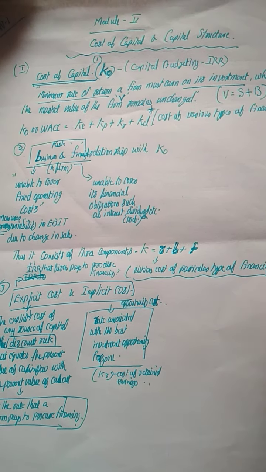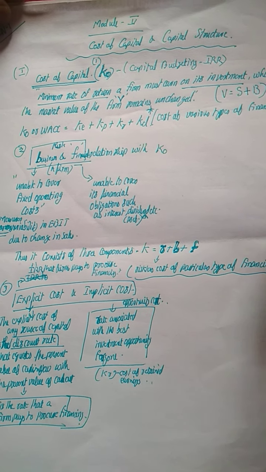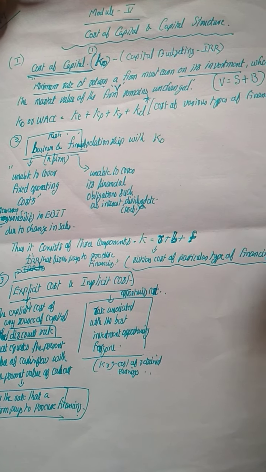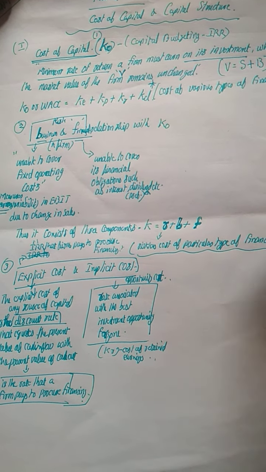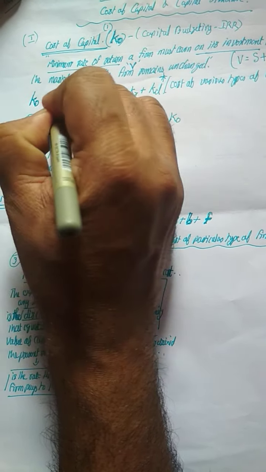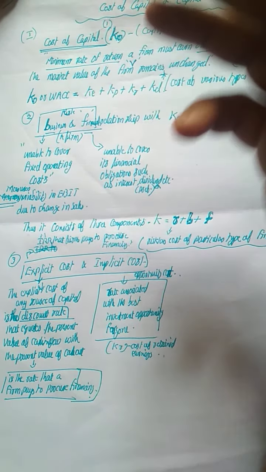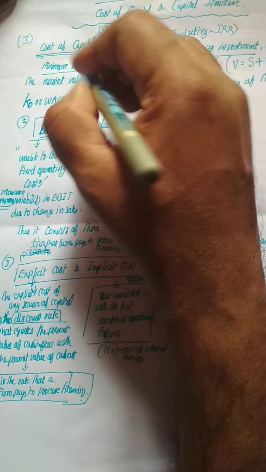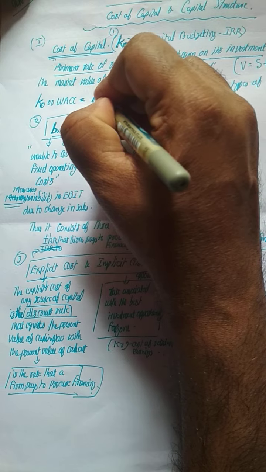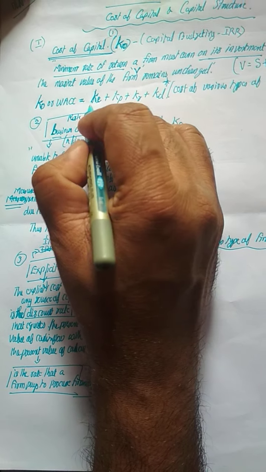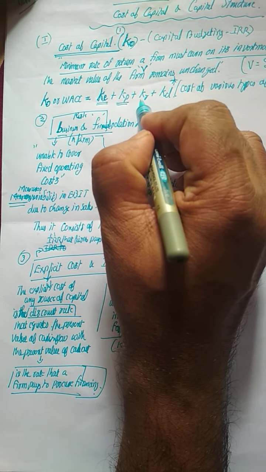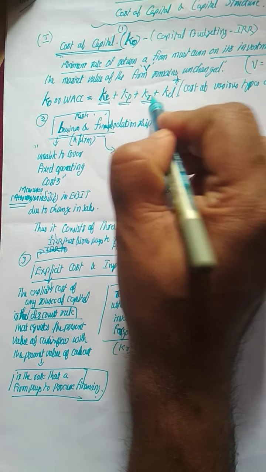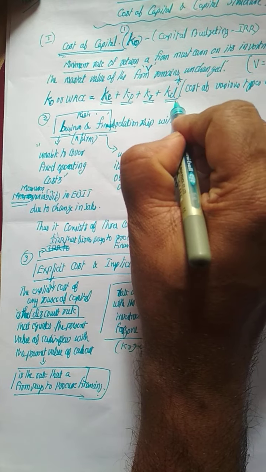It is the minimum rate of return a company must get on its investment where the market value of shares remains unchanged. As far as a company is concerned, this KO constitutes a lot of things. That is, cost of capital constitutes cost of equity capital, cost of preference shares or preference capital, cost of retained earnings, and cost of debt.